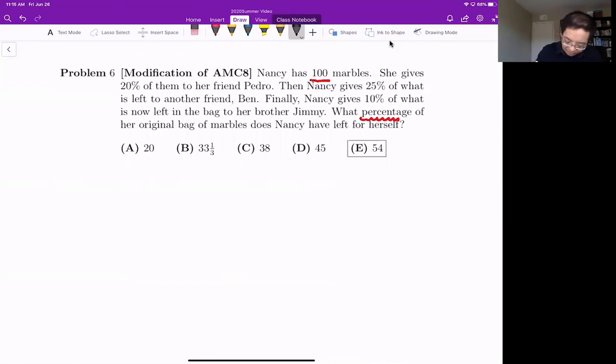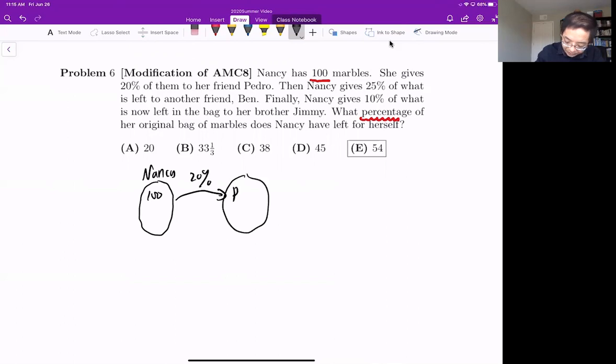Let's repeat the setup. Nancy has 100 marbles. First of all, she gave 20% of them to her friend Pedro. What is 20% of 100? It's obvious, it's 20. So she gave 20 to her friend.